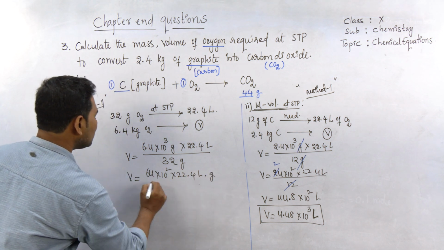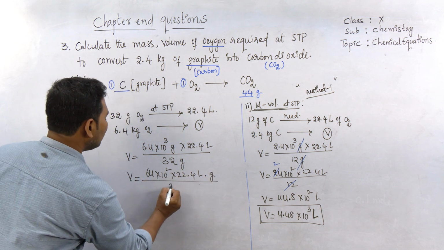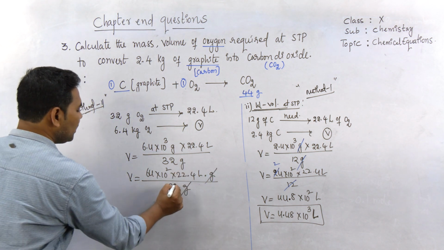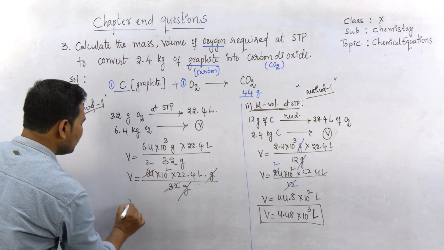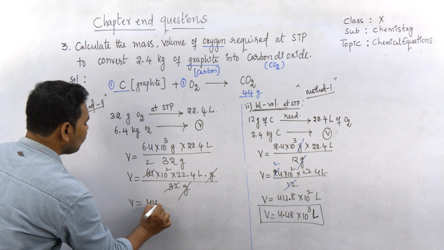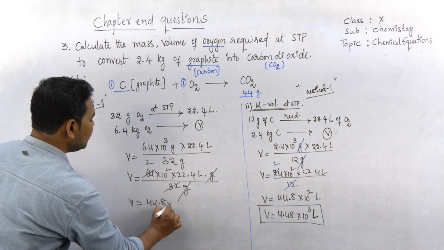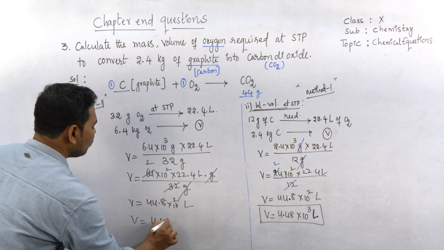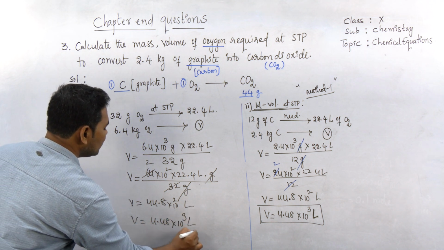I'm writing units here, you just see. Then it is 32 gram. Here gram and gram get cancelled, liter is only remaining. 32 ones are 32, 32 twos are 64. Volume is equal to 2 into 22.4, which is 44.8 into 10 square liter. This volume can be written as 4.48 into 10 to the power 3 liter.